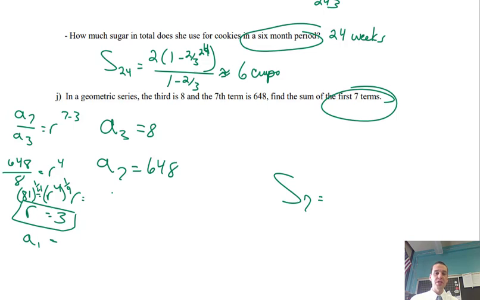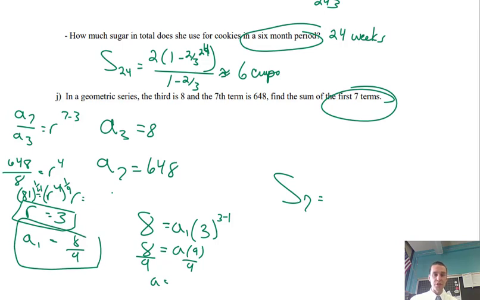Now we use our generic formula to find A1. Again, I'm going to use our third term being 8, not the 648, it's just smaller numbers. So 8 equals A1 times 3 to the n minus 1, or 3 to the 3 minus 1. So 8 equals A1 times 9, divided by 9. A1 equals 8/9 here.